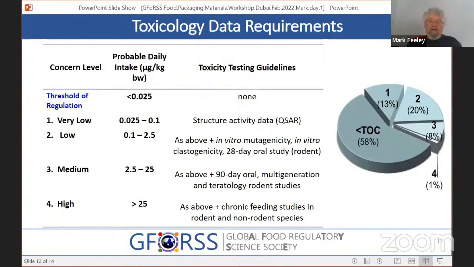So essentially, any migrant from the previous testing that is less than 0.5 parts per billion would result in a potential exposure of less than 0.025 microgram per kilogram body weight per day. And therefore, the petitioner could indicate that based on the threshold of regulation or threshold of toxicological concern, there are no toxicity testing requirements.